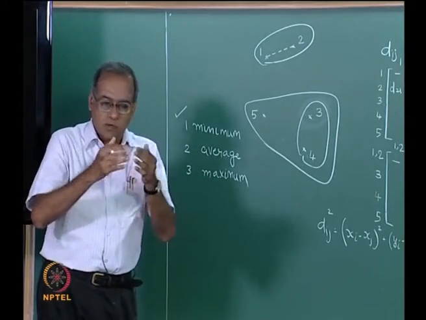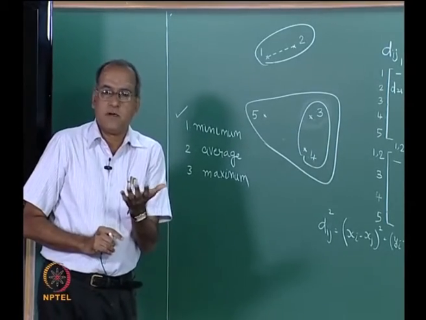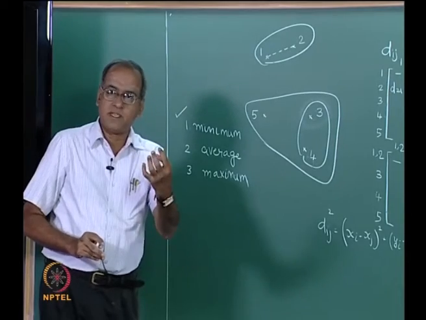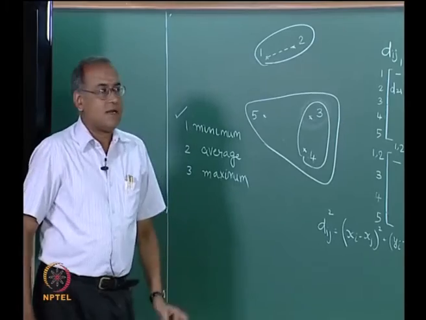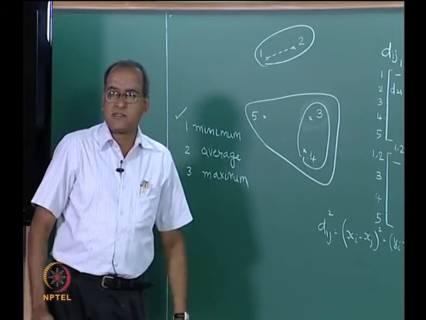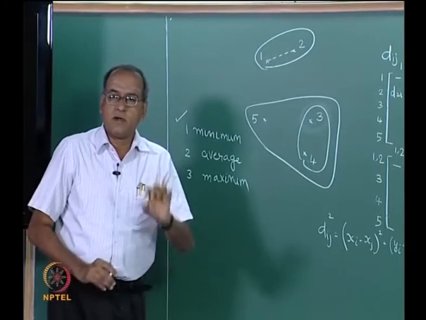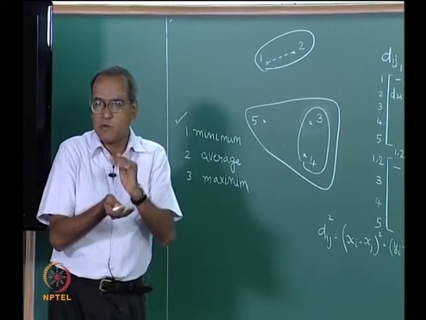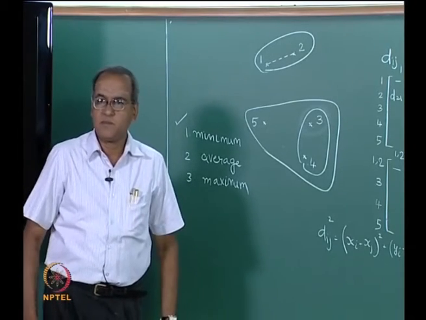Since we want groups to be packed, we want points in the group such that their distance is minimized. Whereas, in the cell formation example that you see there on the screen, you want rows or machines to be grouped such that the similarity is maximized.